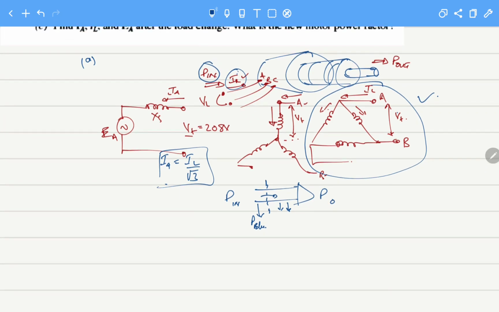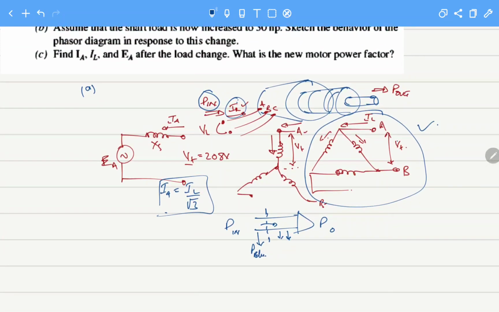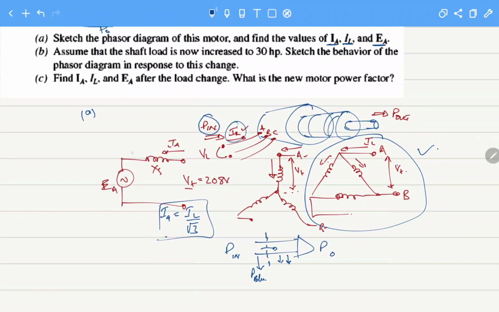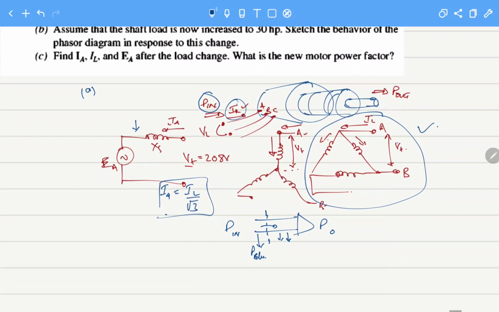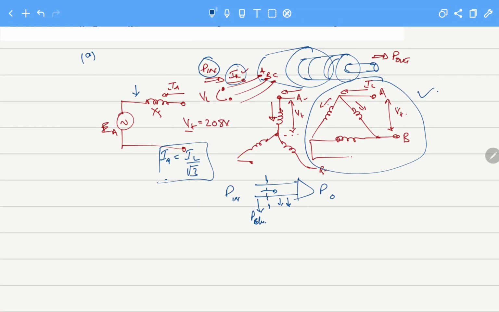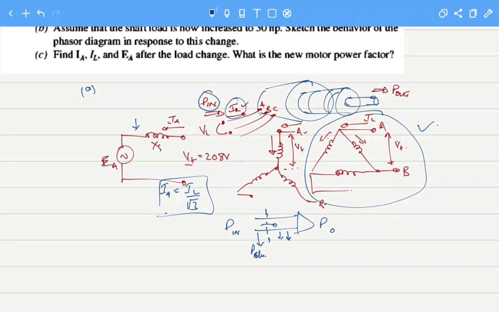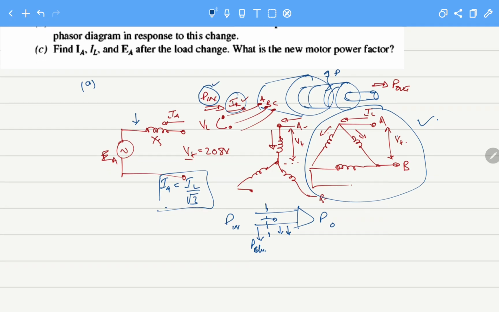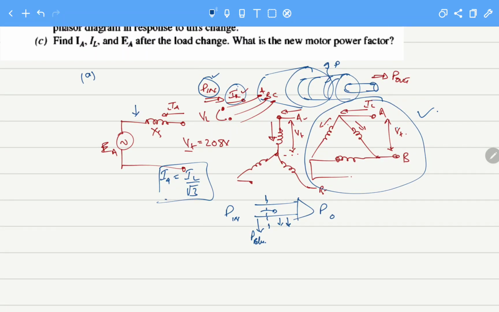In this case, we don't have any electrical losses because the armature resistance that exists here is 0 ohms. So all the losses are of those given. If we know all the losses, we will be able to calculate P input. So let's look at this.